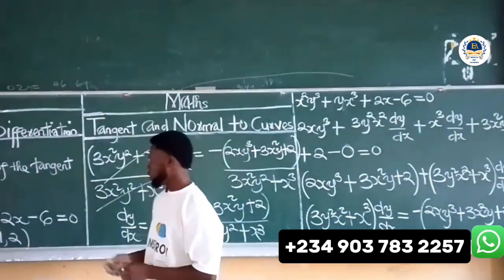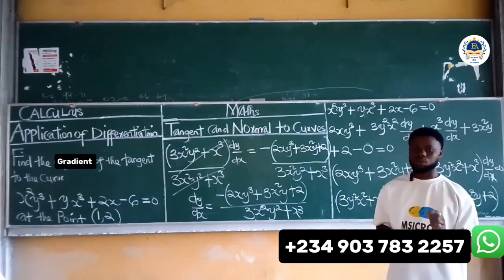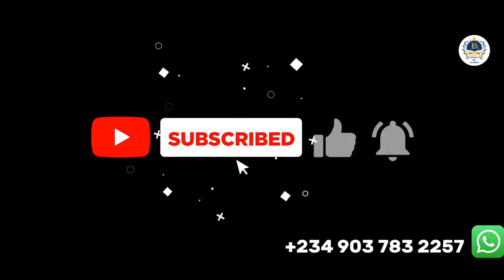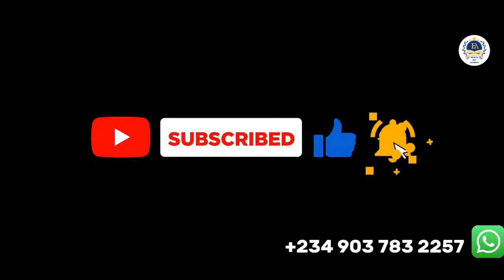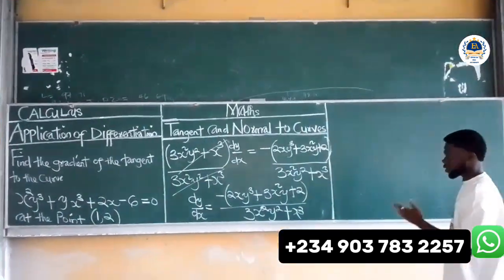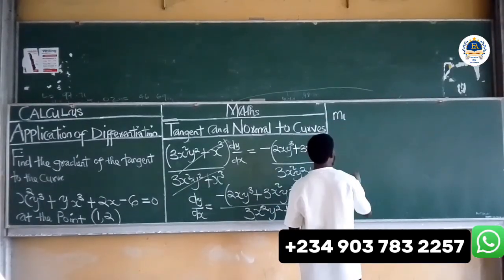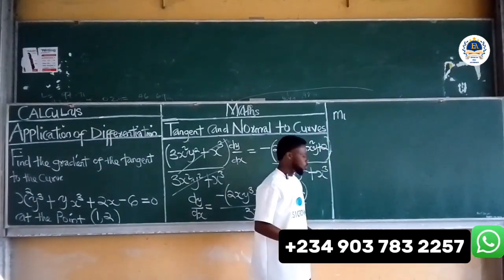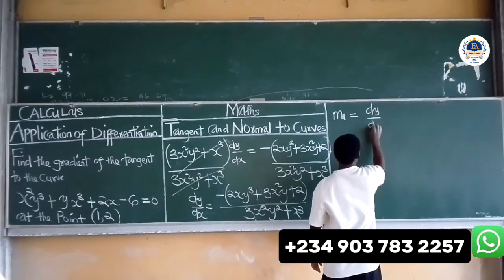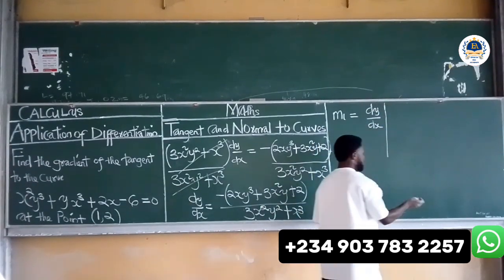So the question is to find the gradient of the tangent at this point. Now the gradient of the tangent to the curve is given as m1, and it was stated that m1 is equal to dy over dx at a point (a, b).